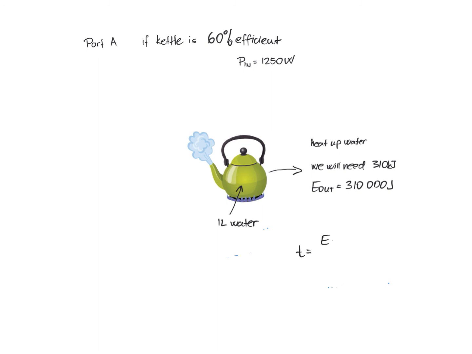So the key idea here is, again, we're going to get the time, and the time it's going to take is whatever energy out over whatever energy goes in water per second, right? So we know, again, it's going to be 310,000 joules over something. Now the question here is, what is that something?